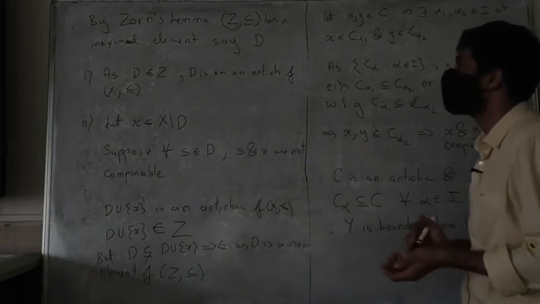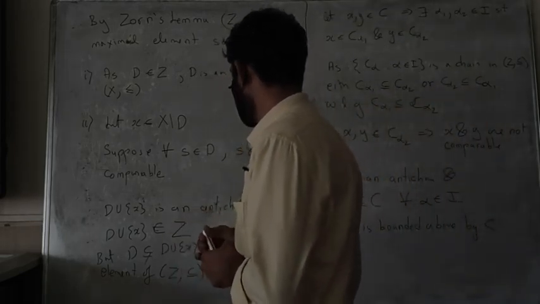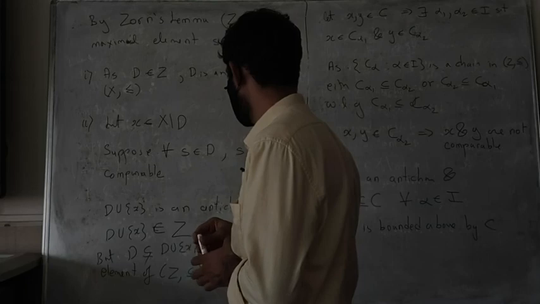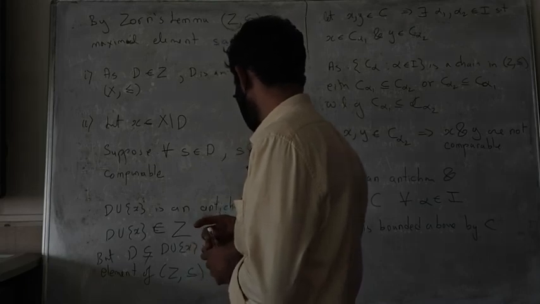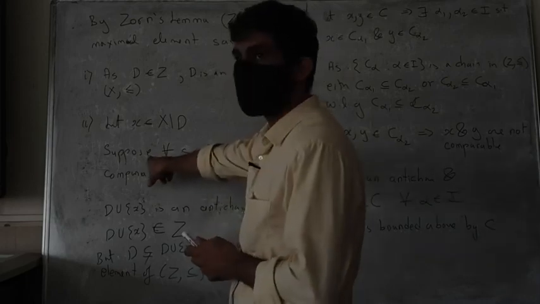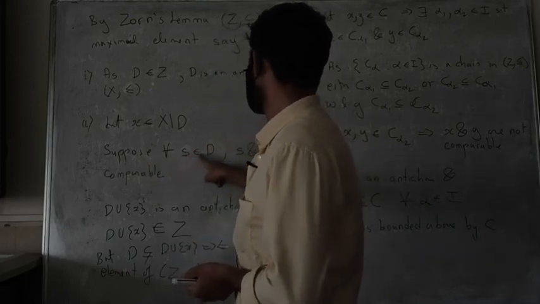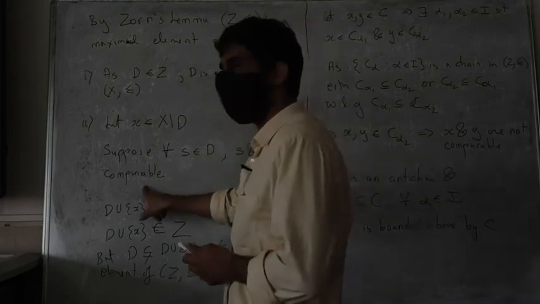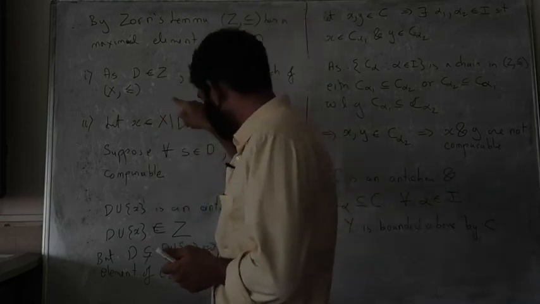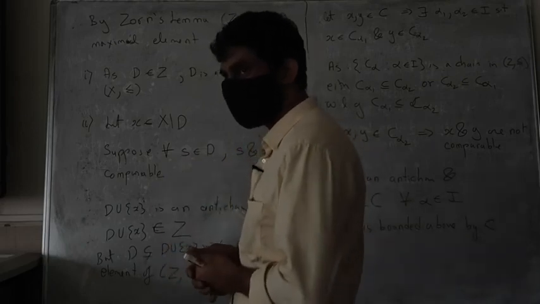So therefore this statement is wrong. What is the statement? For every S in D, S and X are not comparable. Since this statement is wrong, its negation is true. What is its negation?